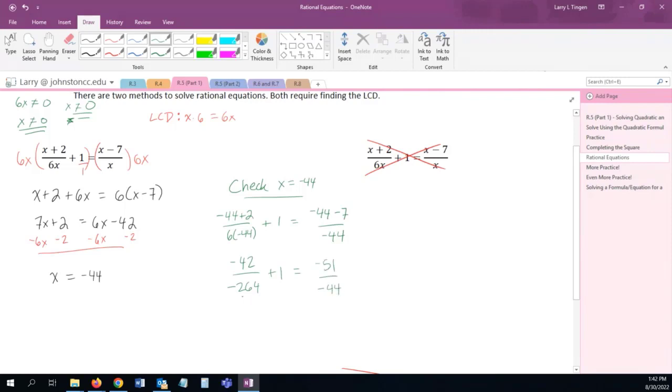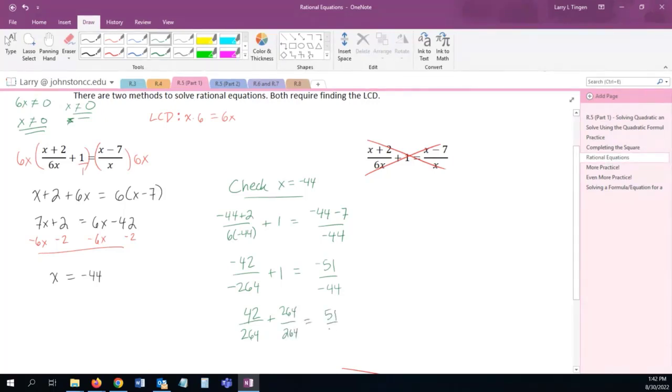Both of these are dividing negative by negative, so I can get rid of the negatives. And I'm just going to go straight to a calculator here, because I'm going to do this one step really quick because I want fractions on both sides. 1, I'm going to write as 264 over 264.